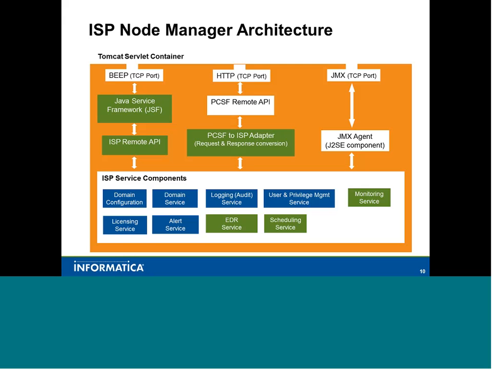The old services still use the HTTP TCP port, and it will send the PCSF remote API. Then we have an internal adapter which converts this PCSF request to an ISP adapter request. Then the ISP framework will be able to provide the information.